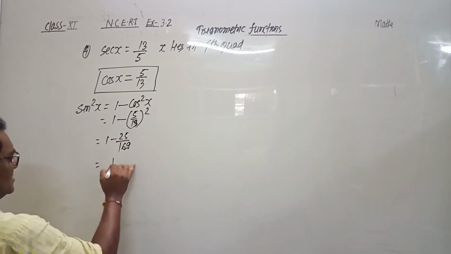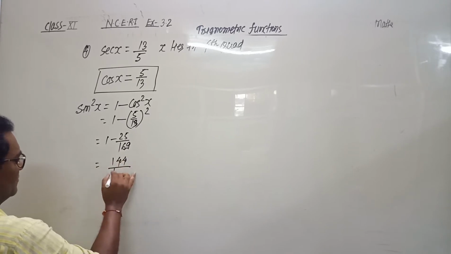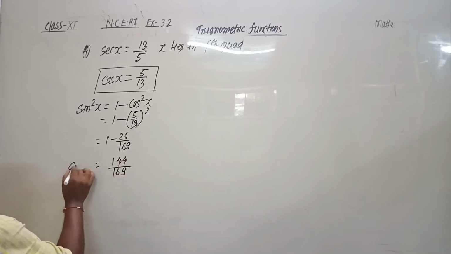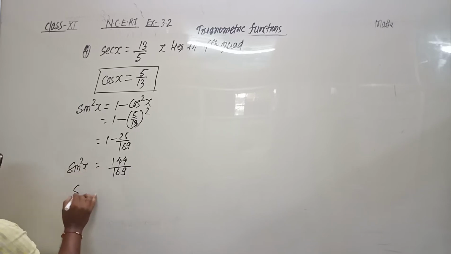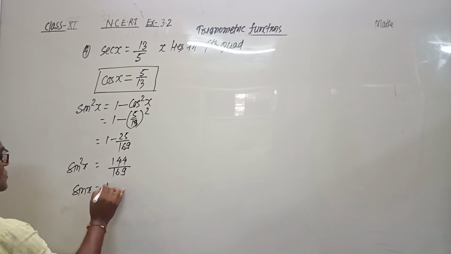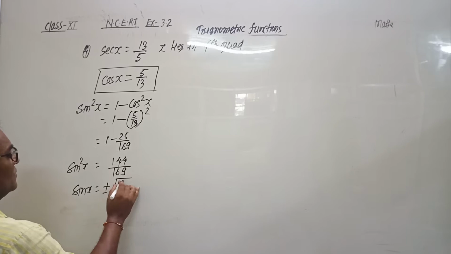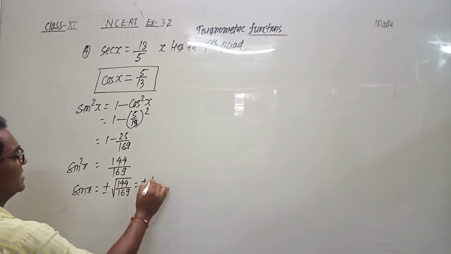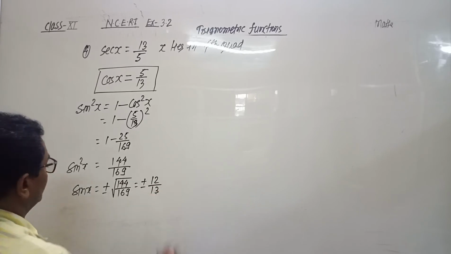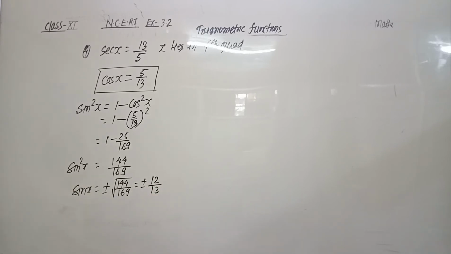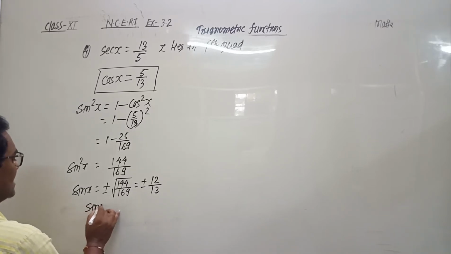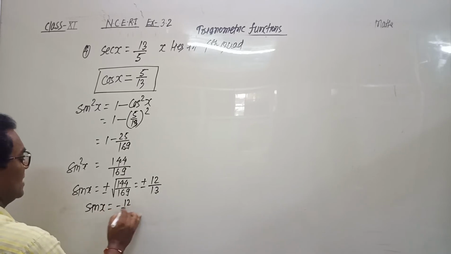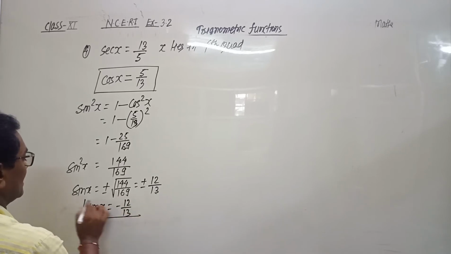Taking LCM, 169 minus 25, 144/169. This is the value of sin square x, and sin x equals plus minus under root of 144/169, which is plus minus 12/13. And in the fourth quadrant, sin is negative. So we write sin x equals minus 12/13.